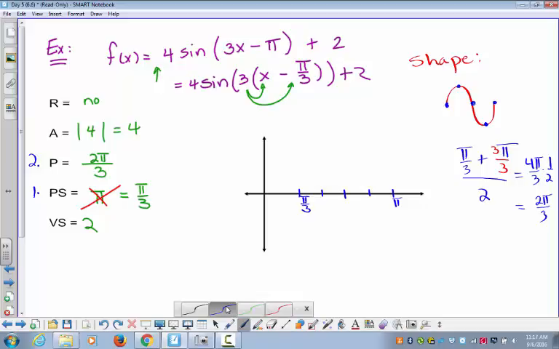Yeah, it's really easy with these things to make a mistake, so it's good to double check with a separate process just to make sure you're doing your arithmetic right. The second process that I would use in my head would be this. I would say, okay, the period is 2 pi over 3. So from here to here is 2 pi over 3.